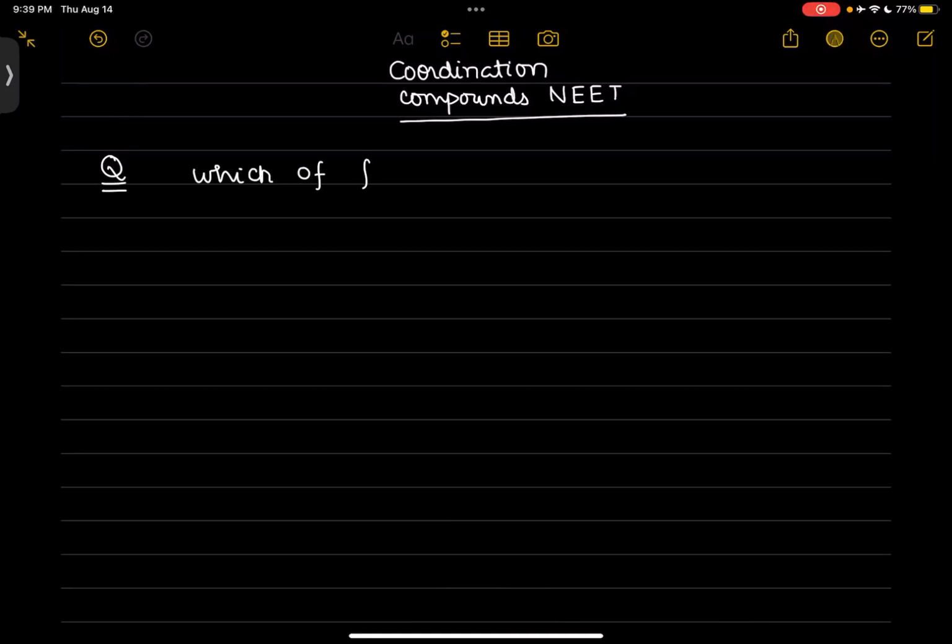So which of the following represents a double salt and a coordination compound?